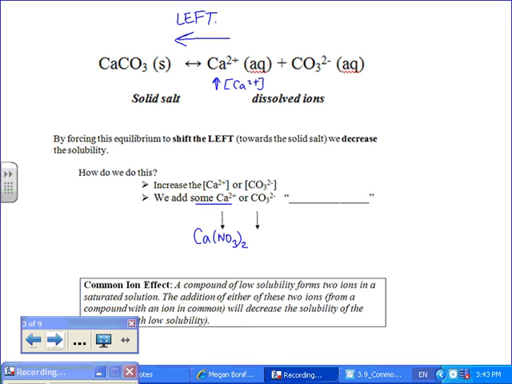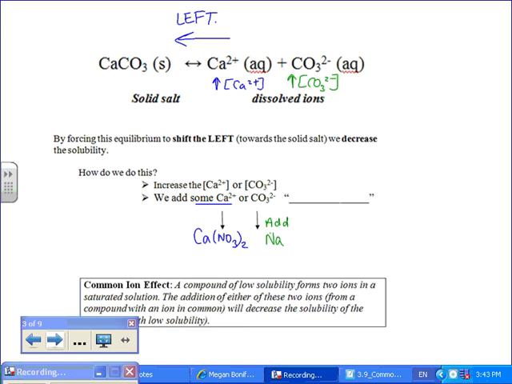The other thing I could do is I could add some carbonate ions. So again, I could add or increase the concentration of carbonate. How would I do that? What I would actually add here would not just be carbonate, but I'd pair it with sodium or any other alkali metal or ammonium, just so that I have a soluble solution of carbonate.